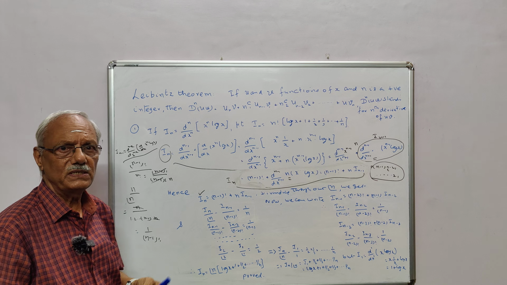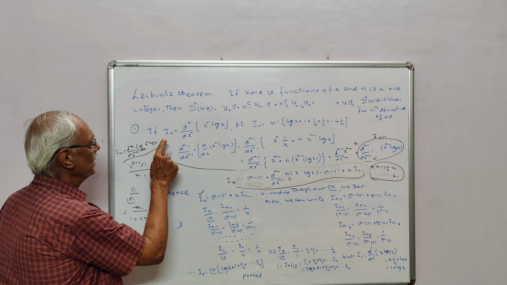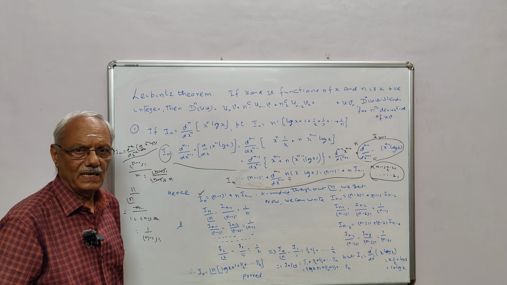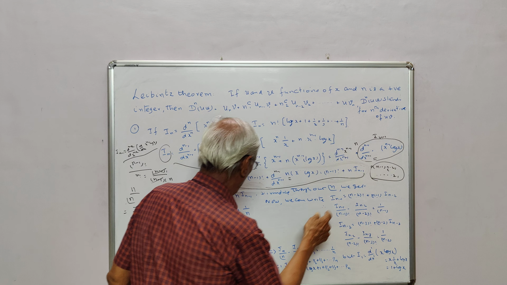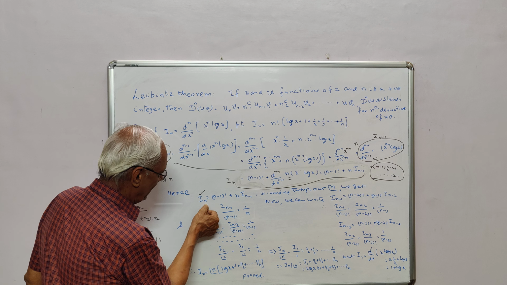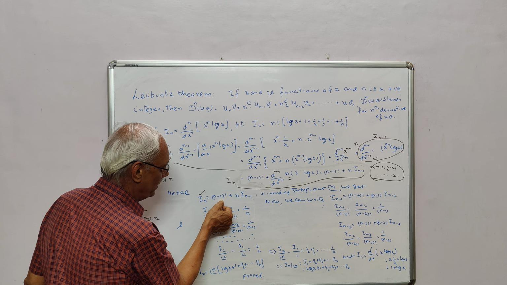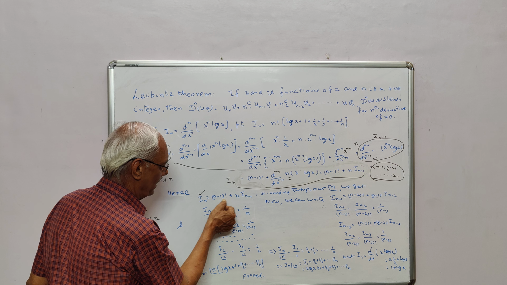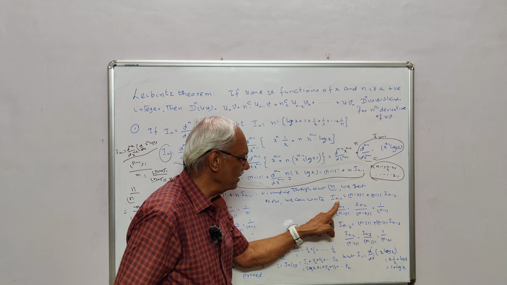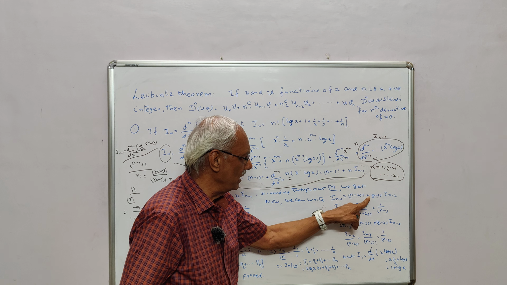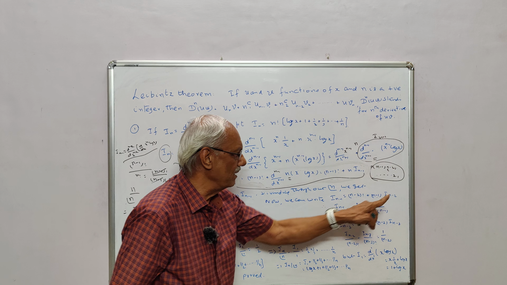Now, the simplest way to understand this is to replace I_n by I_(n-1). That means I_(n-1) will be equal to (n-2) factorial plus (n-1) into I_(n-2).